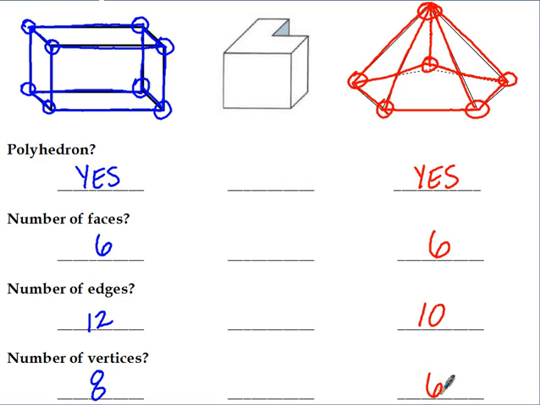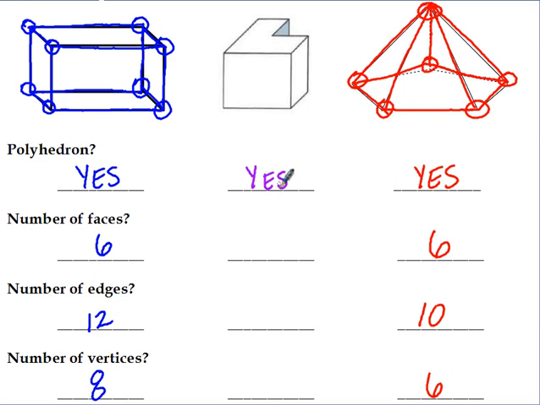Now I left the middle one for last just because it's a little tough to tell, because it doesn't show us what's happening. It doesn't have dotted lines to show us what's going on in the background. So it makes it a little bit different. I'm going to erase those so we don't get confused. So first of all, is it a polyhedron? Yes, it is. No curves.